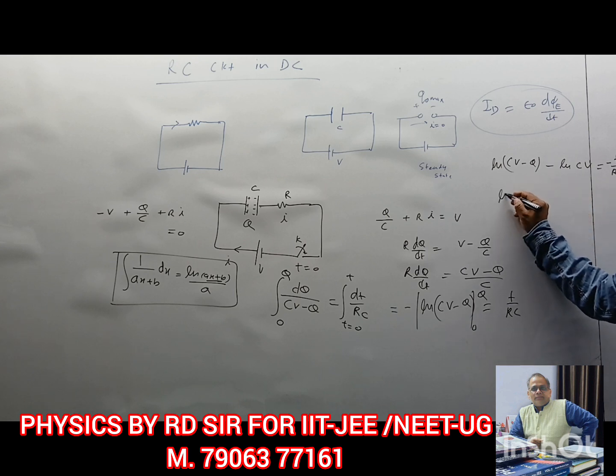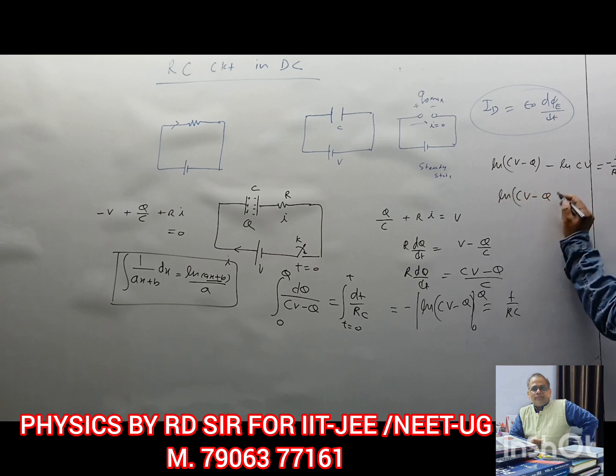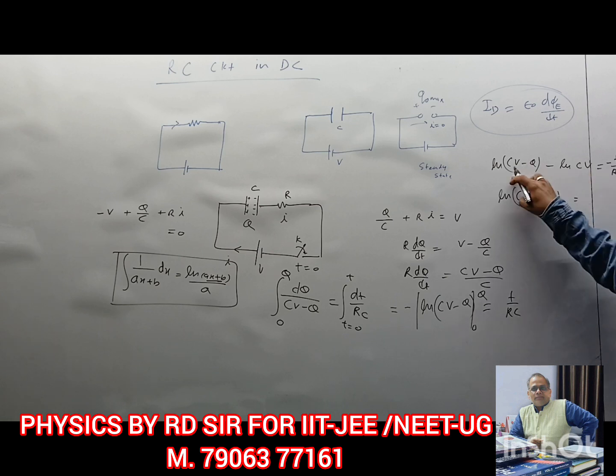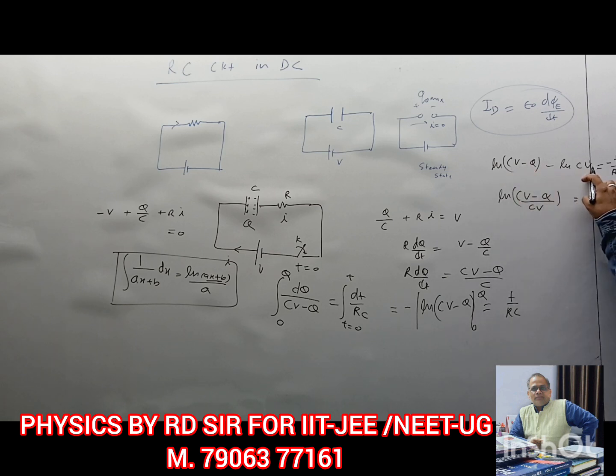So ln (CV minus q) minus ln CV, we can combine in a single ln. ln a minus ln b is equal to ln a upon b. This is the property of the logarithmic function. So this is minus t upon RC.